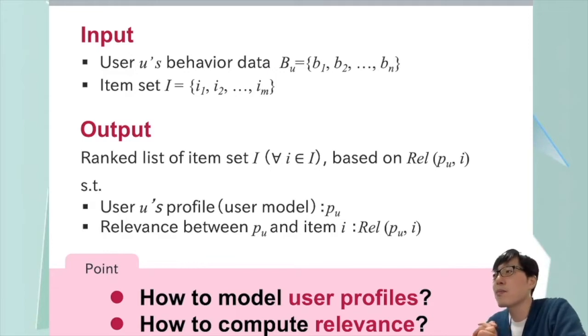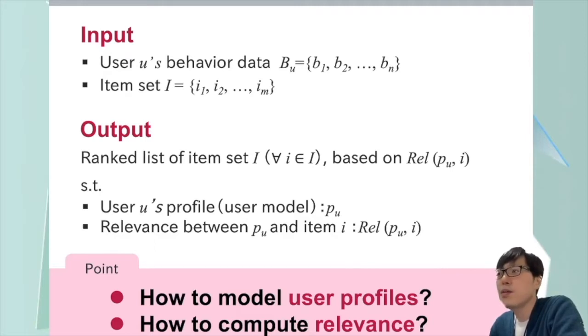Here I'm talking about the mathematics a little bit. The core of the recommender system is mathematical computation. So here is a problem definition of the recommender systems. Typical recommender systems accept two kinds of information as input data. The one is the user behavior data logs, for example, what did the user purchase? The other input is the item set, item information.